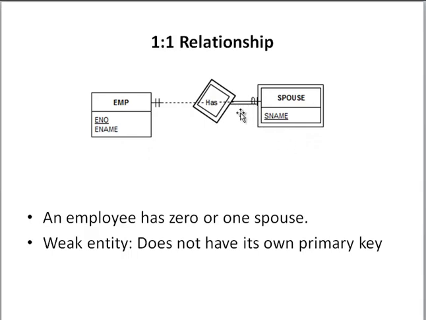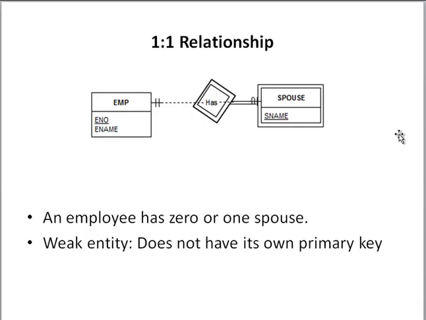That's that optional designation here using this notation that is hard to see. And it turns out that spouse is also a weak entity because you can't associate a spouse with no employee. It has to be associated with employee, at least in the way this is defined.